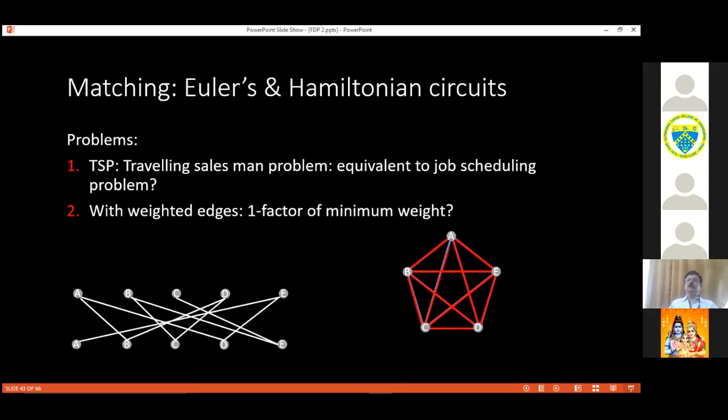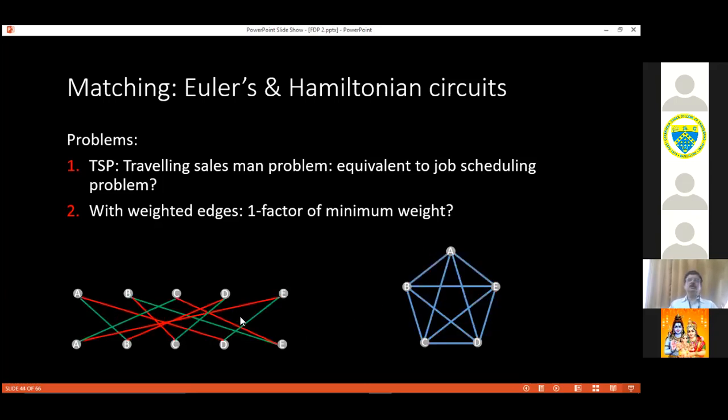After completing this Euler circuit, let us find a matching. There are 2 matchings. For each matching, identify the corresponding edges that become a Hamiltonian circuit.